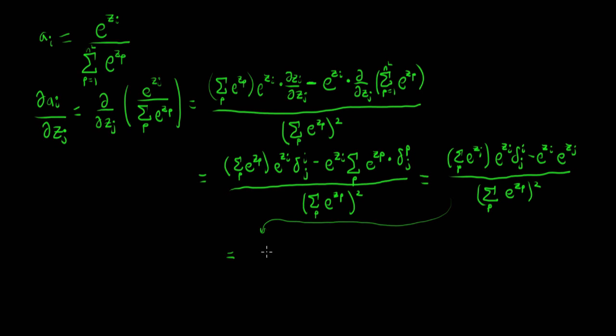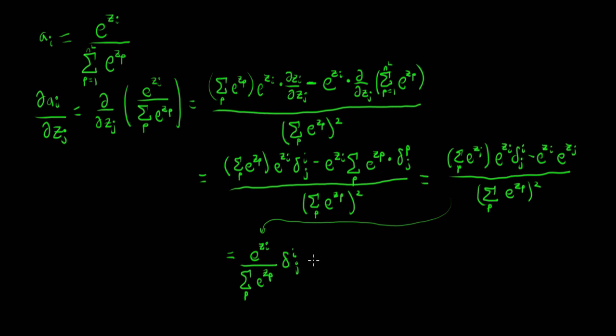In the first term we write e to the zi over the sum over p of e to the zp. Notice how the numerator and denominator cancel for this term, times delta ij.